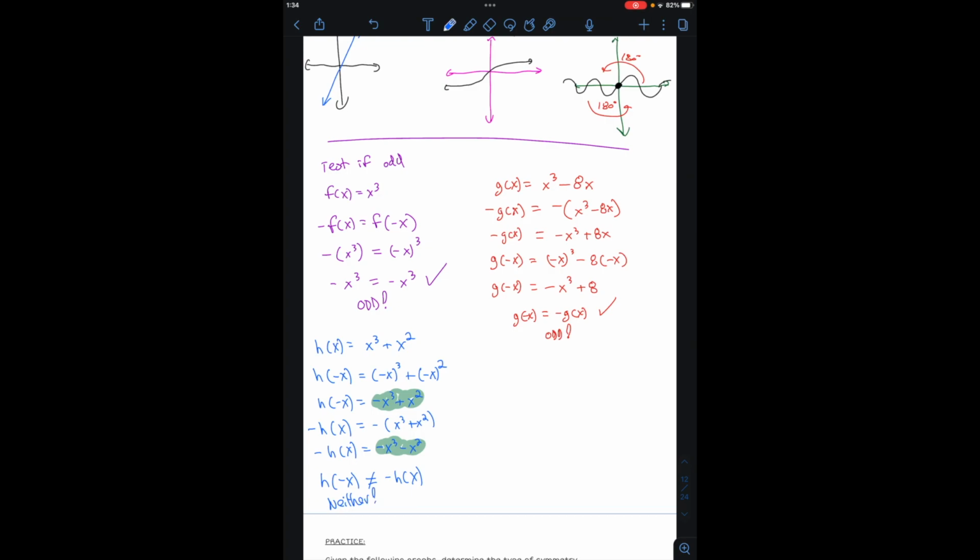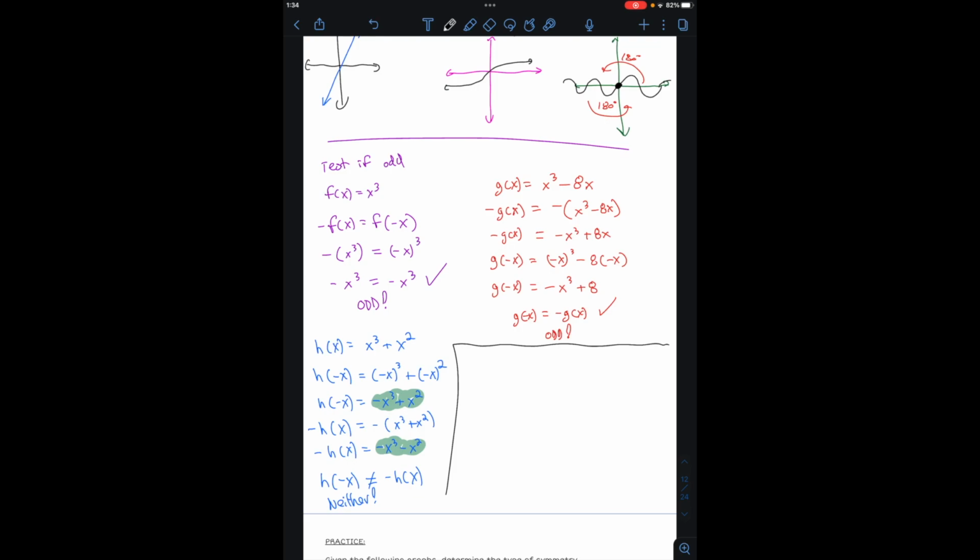Now, most functions are neither odd nor even. It's really more of a special case for them to be odd or even. A couple of quick tips, though. If you have an odd exponent, it could be odd. If you have an even exponent, it could be even. If you have both, it is guaranteed to be neither.